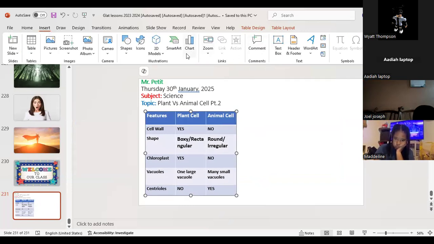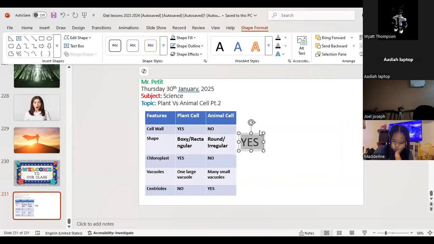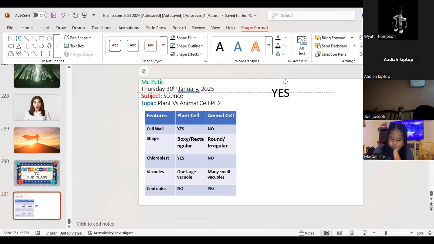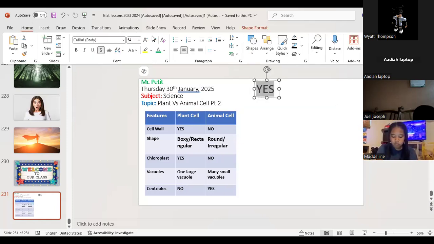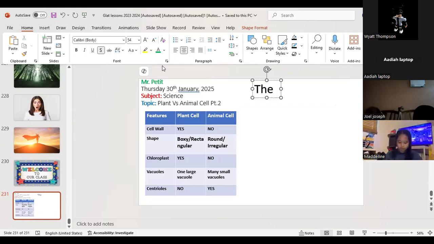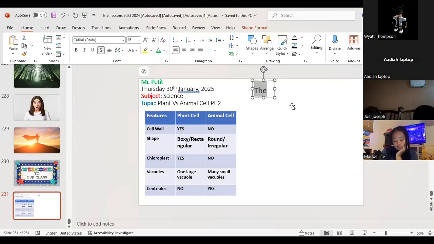Insert. So we're gonna say the nucleus. Let me go ahead and do this here. Do you want us to write it big like that? No, I have to fix it properly.